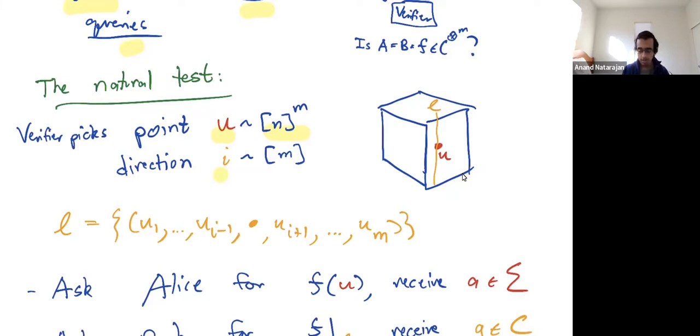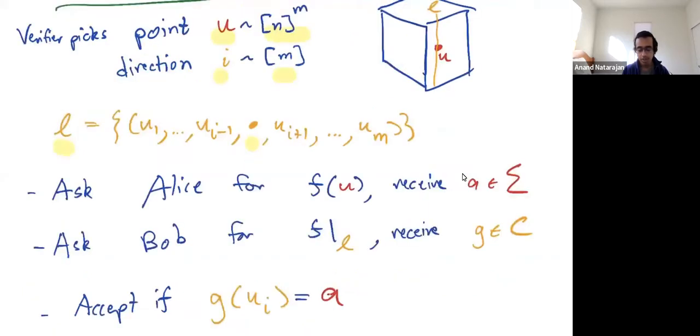So now in the test, we'll ask Alice for the value of the function f at point U. We'll get back a value in sigma. And we'll ask Bob for what's supposed to be the value of the function f restricted to the line L. And we'll get back some function that's, I guess, in sigma to the n.